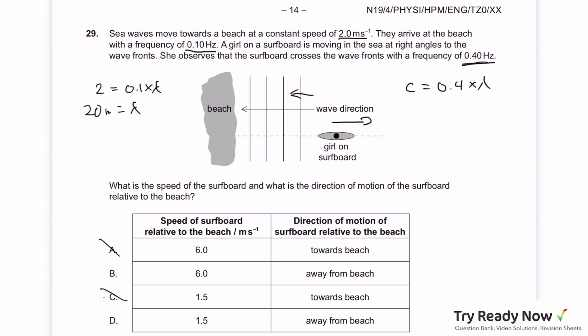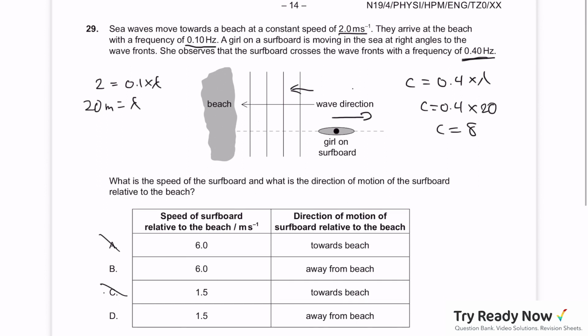So we can put that in here, and 20 times 0.4 is 8. So we're moving 8 meters per second this way. But this being said, the waves are actually pushing her this way by 2 meters per second. So we have to take 8 minus 2, which gives us 6. So the answer for question 29 is B.